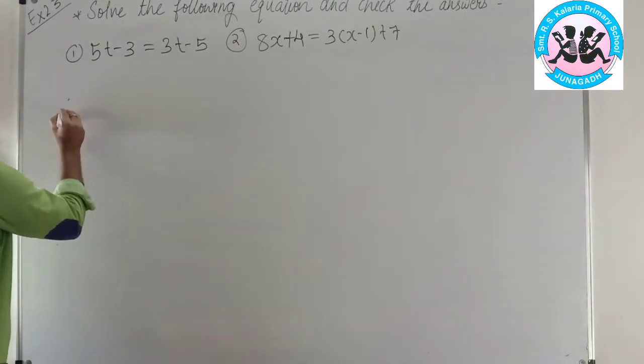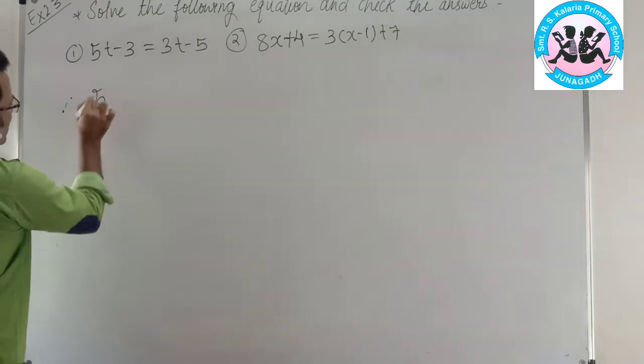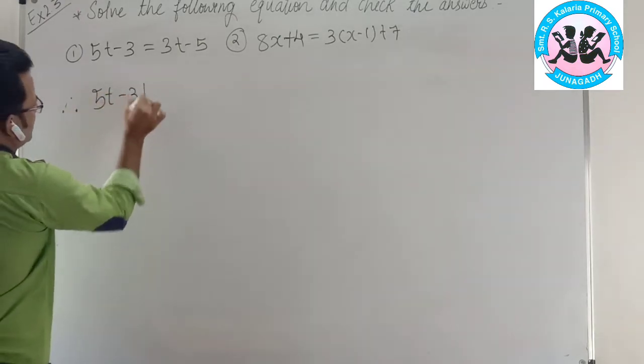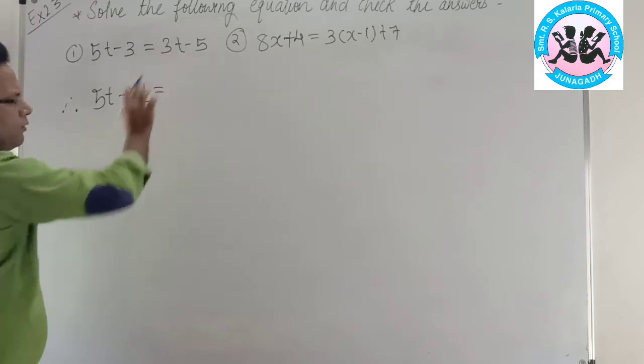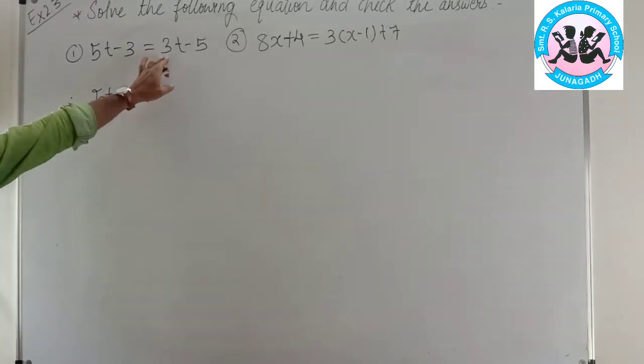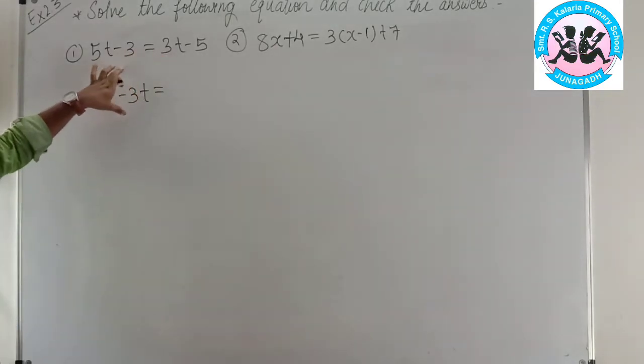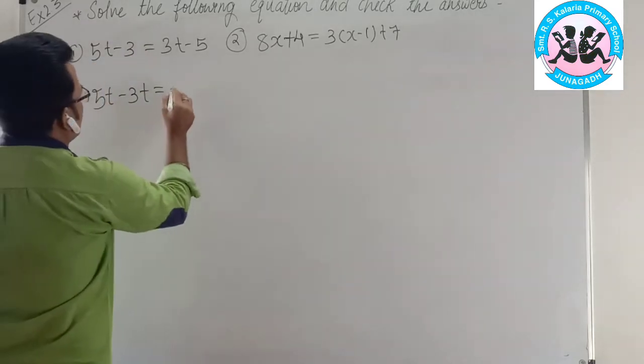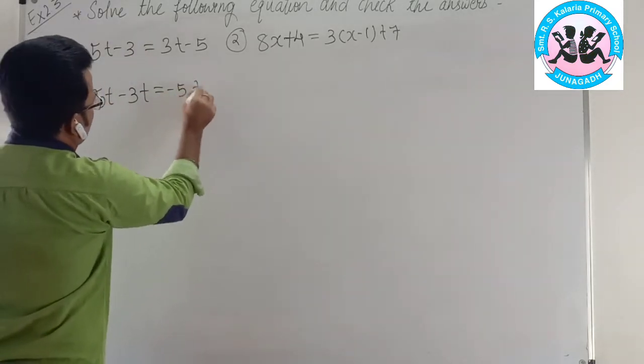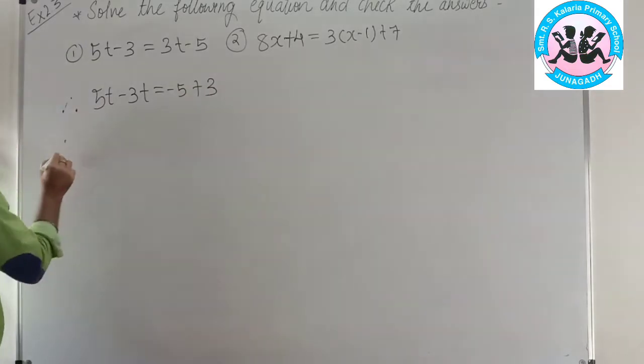So therefore 5t minus 3t. Oh, this is plus 3, okay? It becomes negative and it is transposed. Is equal to minus 5 plus 3.